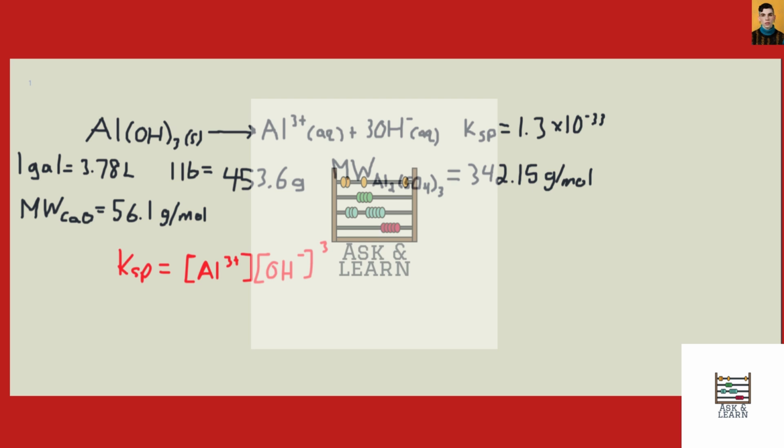So we're going to write this 2,268 grams over 342.15 grams per mole. That's going to be equal to 6.633 moles of aluminum sulfate.